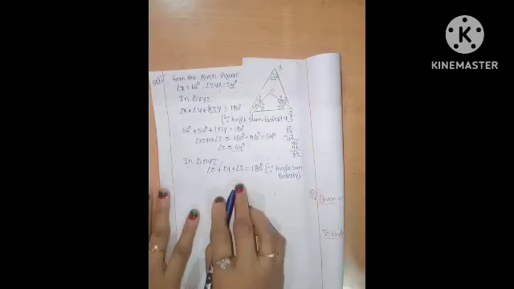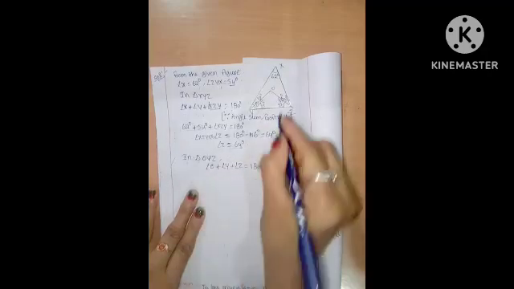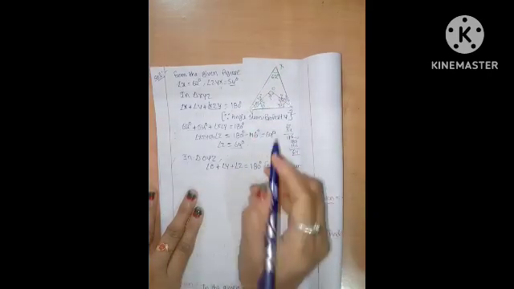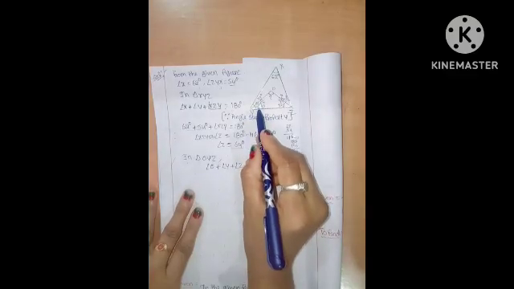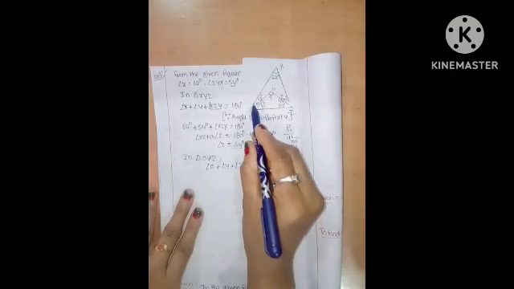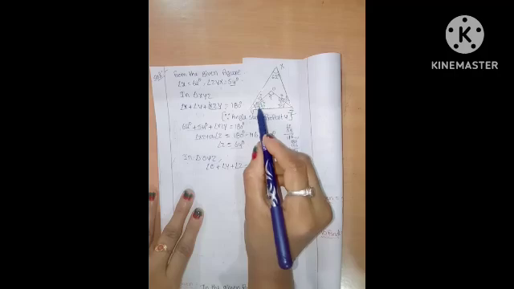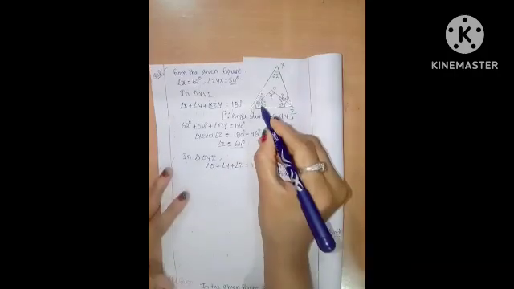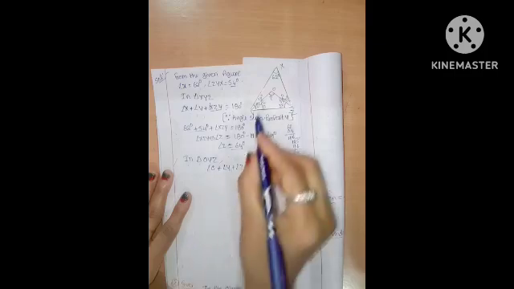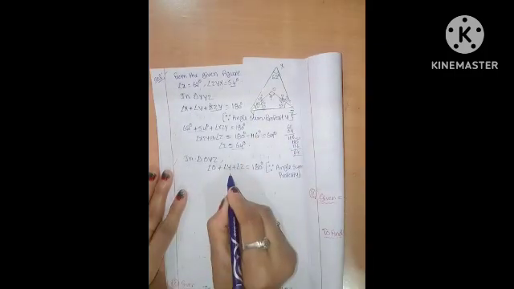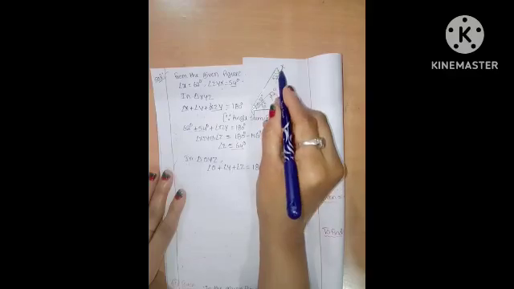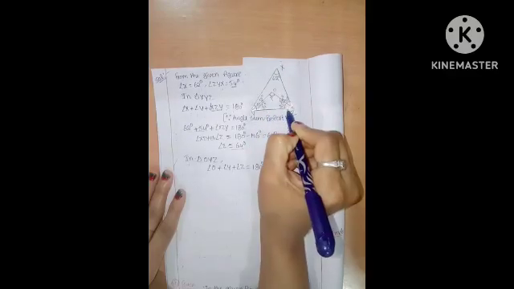This is the property we are using here. But you don't know angle O, and you don't know this angle Y. Here the Y angle is equal to half of XYZ.